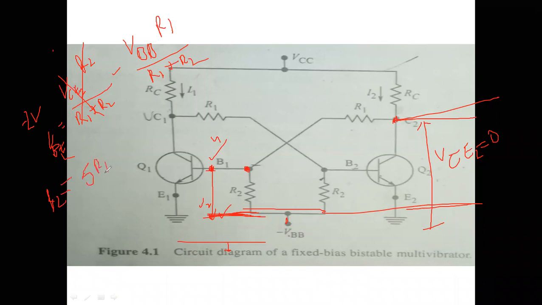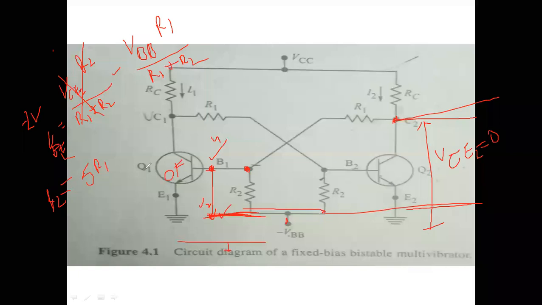I think you have understood how I have written this equation. This is nothing but the VBE we have assumed as -2. Why we assumed -2: you can take any value less than 0.6. If it is greater than 0.6, the transistor comes to forward bias. Since this is an off transistor, the base to emitter voltage should be less than 0.6.